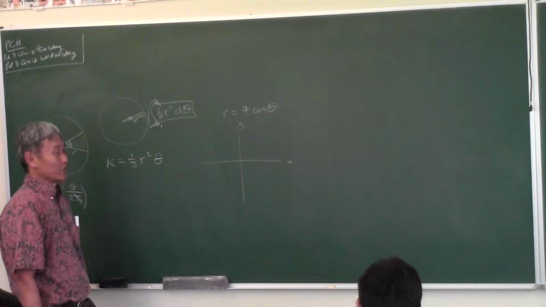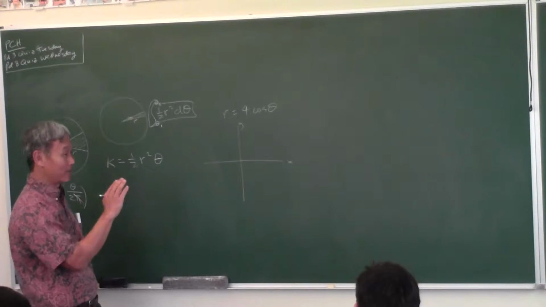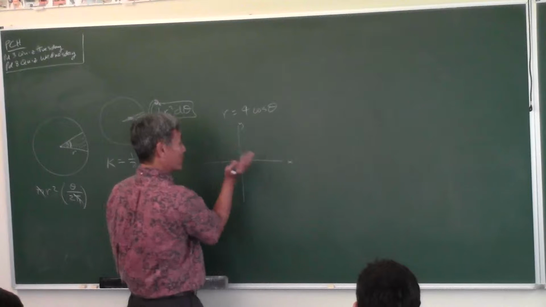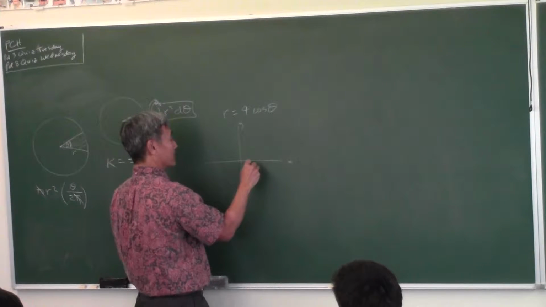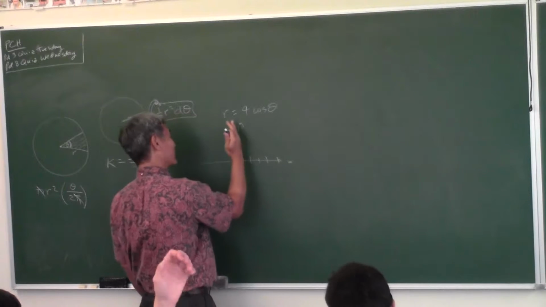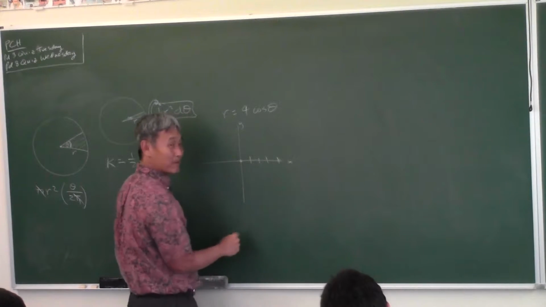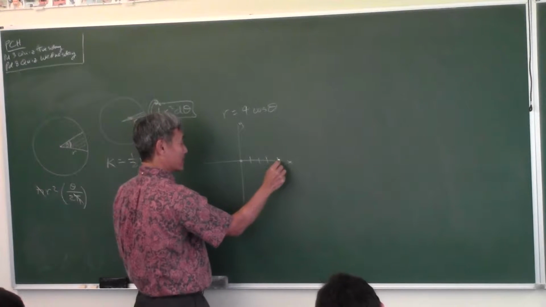Well, what did we teach you last year? You don't need all the quadrantals, you just need to plug in 0 and pi over 2, and that's good enough already. If you plug in 0, you get? 4. You plug in pi over 2, you get 0. This is the diameter of the circle right there. So it goes like this.